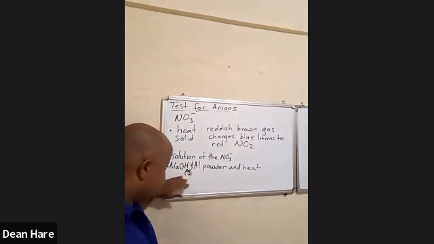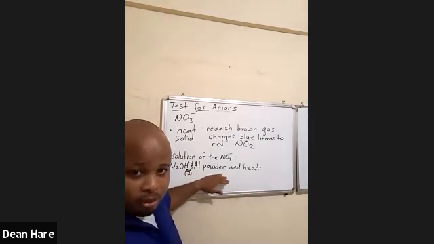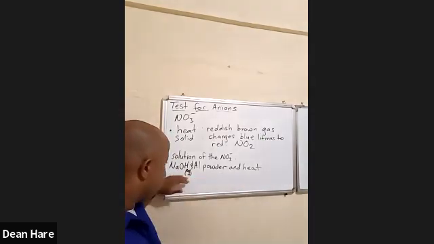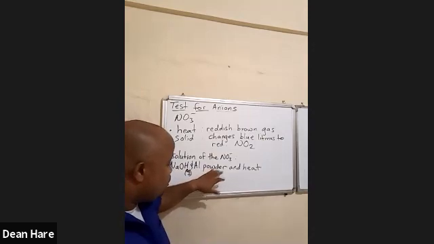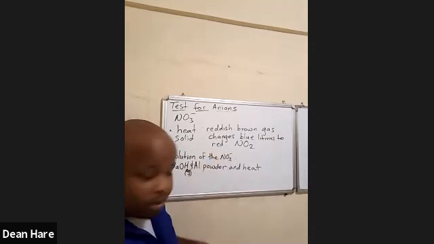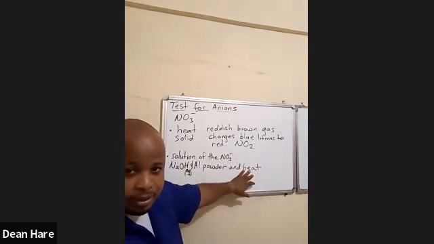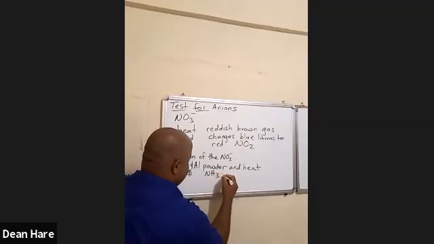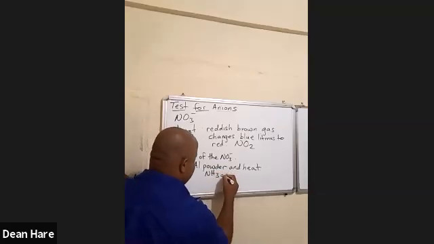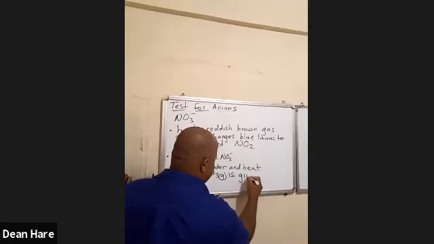If you see sodium hydroxide and aluminum powder, and you add them to the solution and heat it, a gas will evolve, ammonia gas is given off.